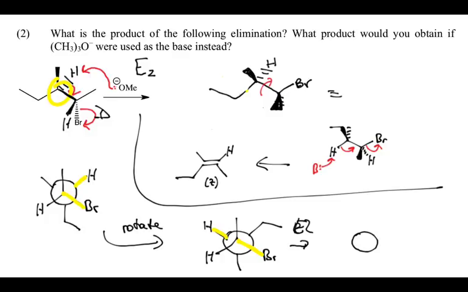Now the olefin is trigonal planar, right? So if you look at it along the double bond, you have in the front methyl and hydrogen, and in the back we have ethyl and methyl.